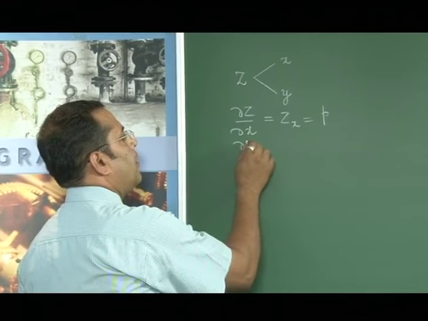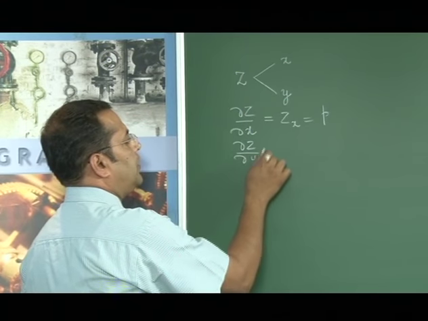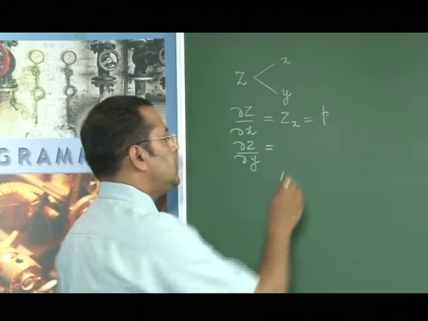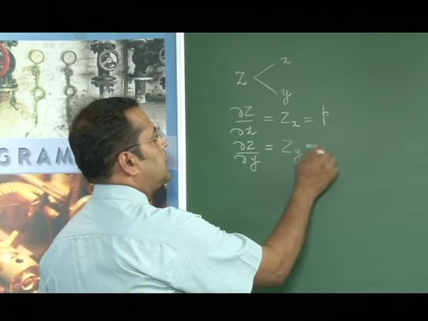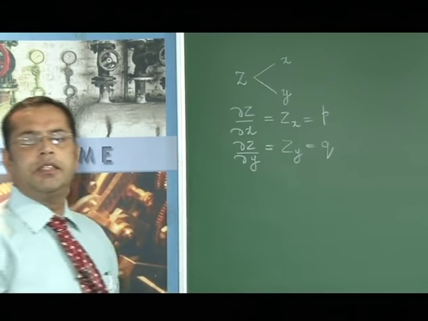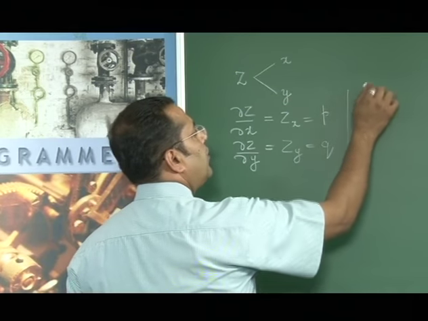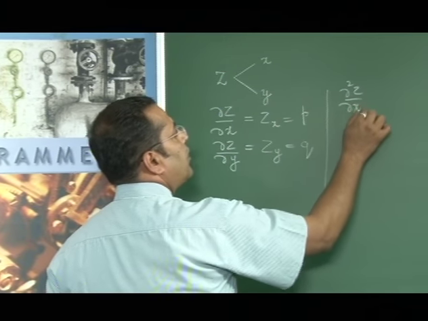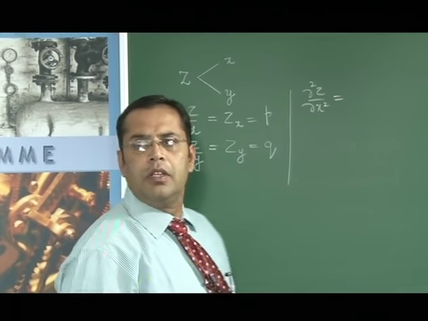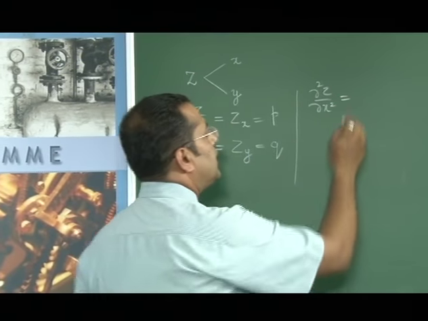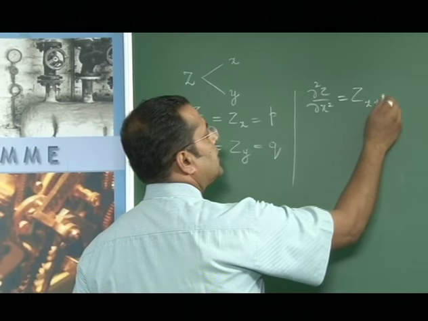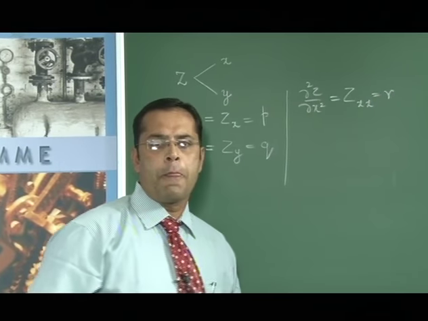The first order partial derivative of z with respect to y, which is denoted by z subscript y, is denoted by q. Then we have the second order partial derivatives, dou square z by dou x square, which is also denoted by z subscript xx, is r.